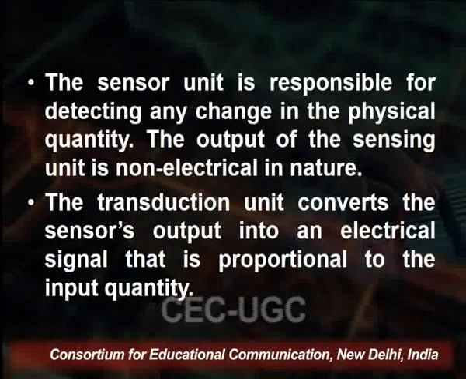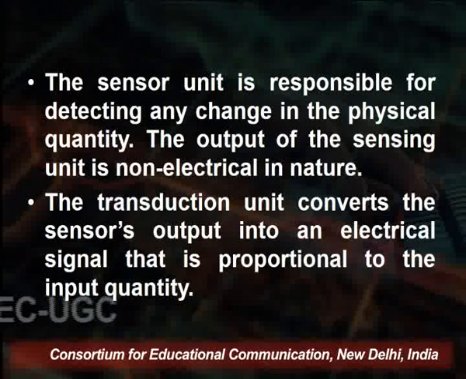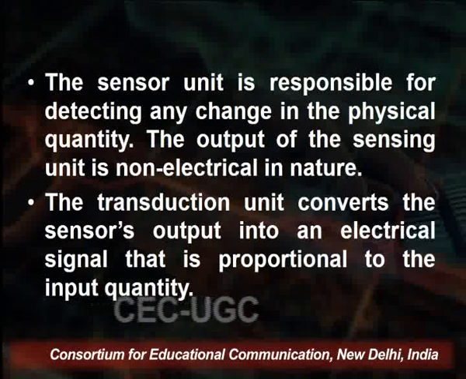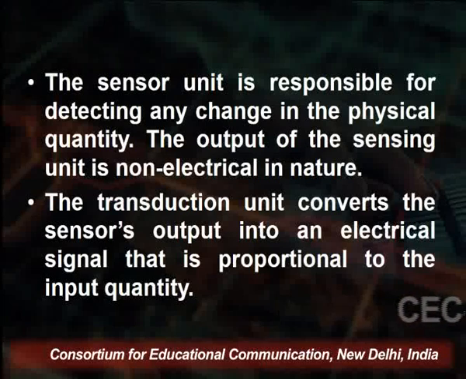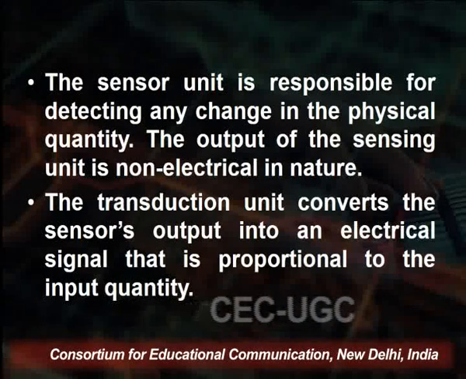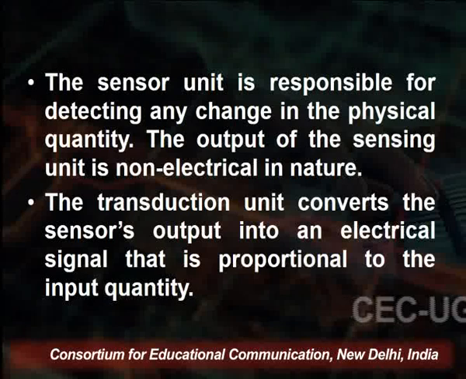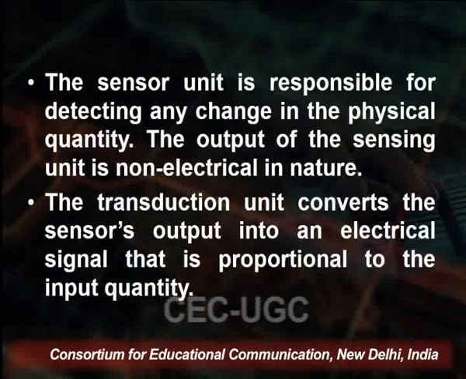The sensor unit is responsible for detecting any change in the physical quantity. So, if we are giving any input and there is any change in the physical quantity, then we use the sensor. That sensor output, which is non-electrical in nature, goes into the transduction unit, that is the signal controlling unit, which converts the sensor's output into an electrical signal that is proportional to the input quantity.